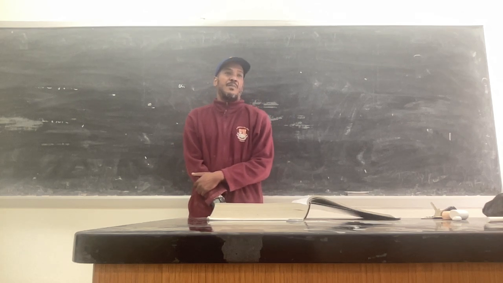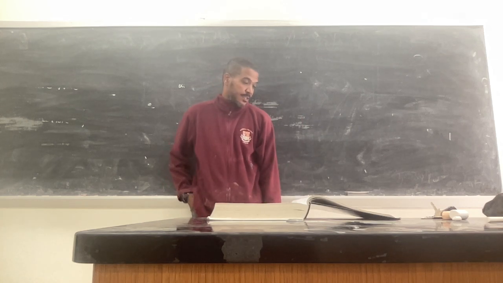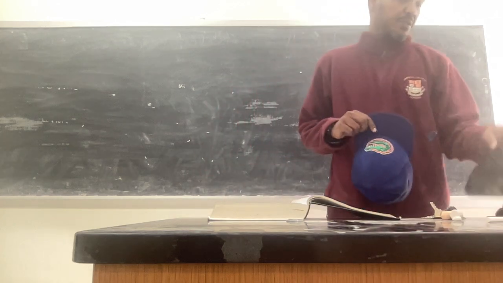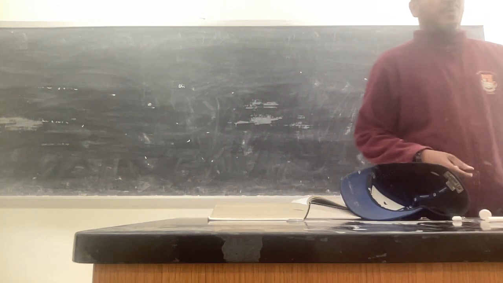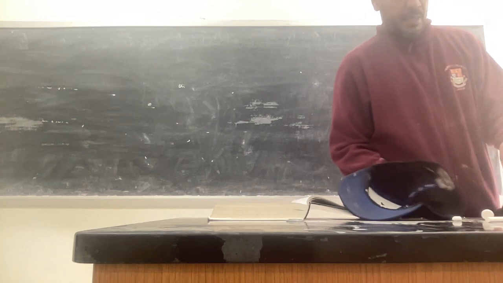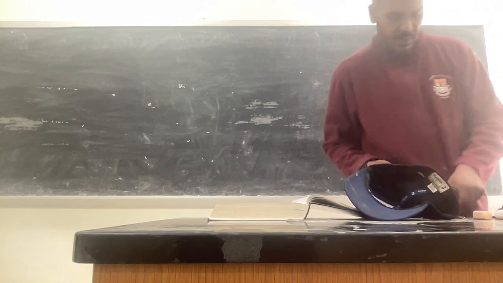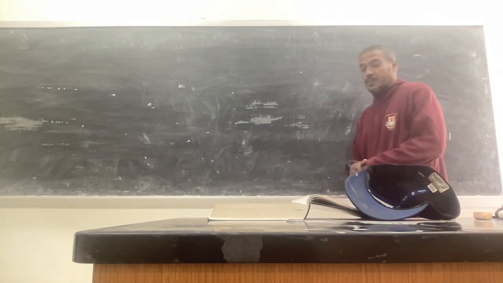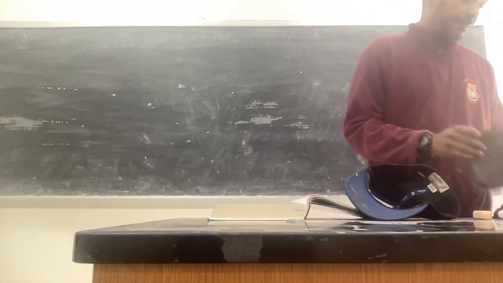Vectors have x and y components in two-dimensional space. But if we were in three-dimensional space, they would have 3 components: x, y, and z. Since we're only in two-dimensional space, we're only going to deal with the x and the y.